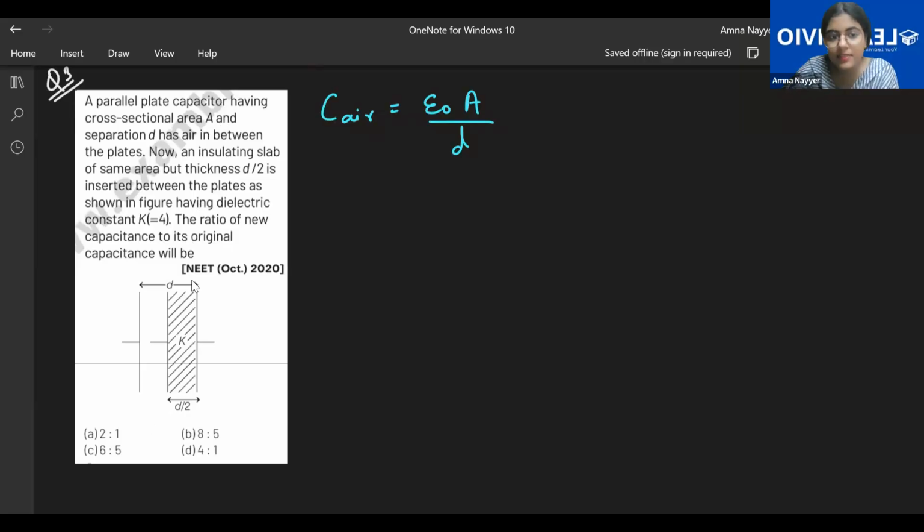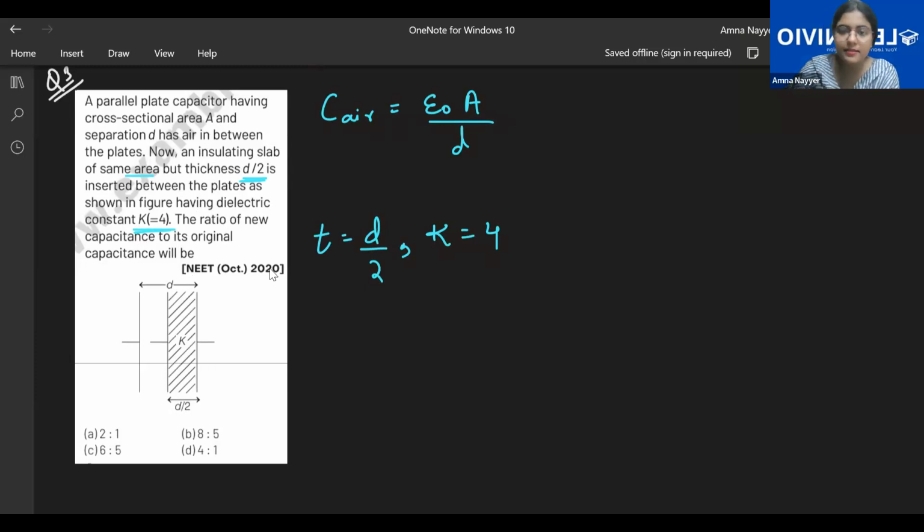Now an insulating slab of the same area and thickness D by 2 is inserted, so T is D by 2, with a dielectric constant K equal to 4. You have to find the ratio of both the capacitances.